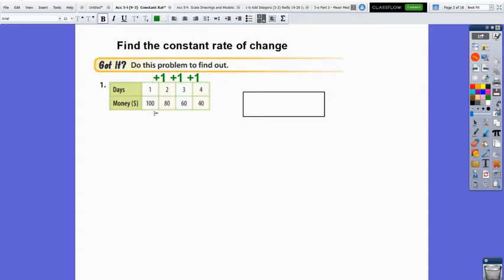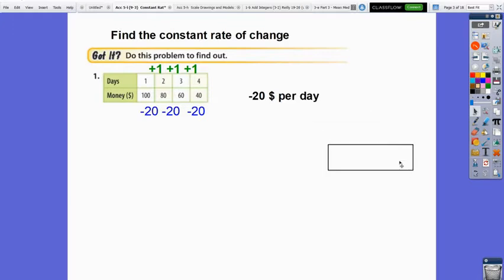These are each going up by that. And then down here, the money goes minus 20 from 100 to 80, and then from 80 to 60, it goes down 20 again, and then from 60 to 40, down 20 again. And so your rate of change is minus 20 divided by 1, which is minus $20 per day.